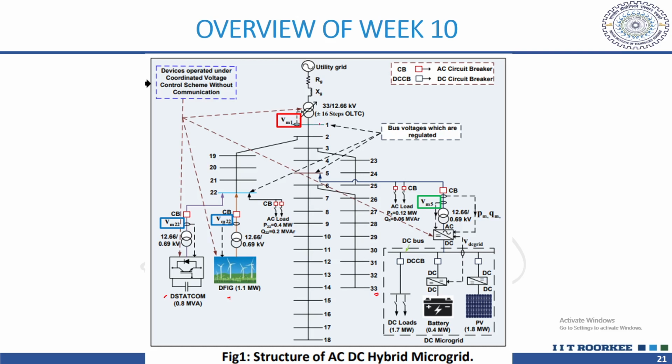Then we have the OLTC at bus 1, and at bus 5 we have the DC microgrid. I hope the system is clear. So we have DFIG, DSTATCOM, OLTC, some flexible loads, and a DC microgrid connected to this 33 bus AC distribution system.